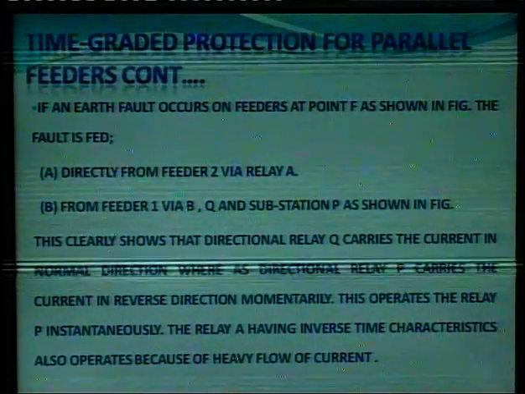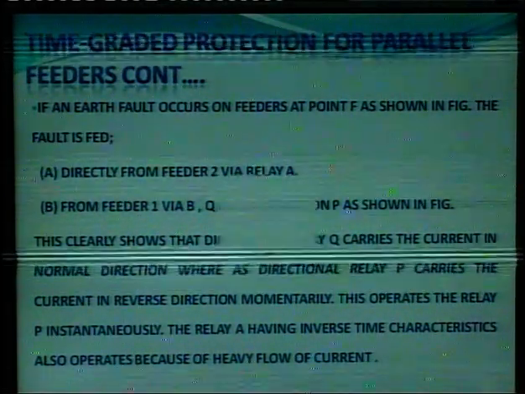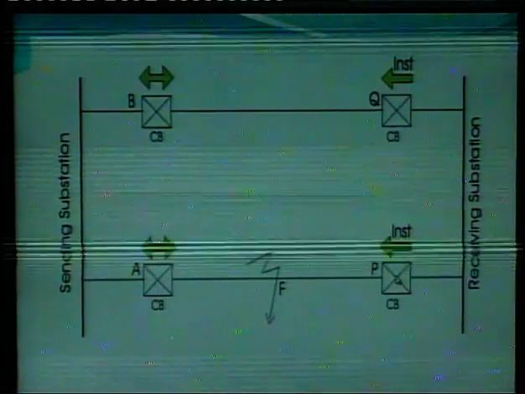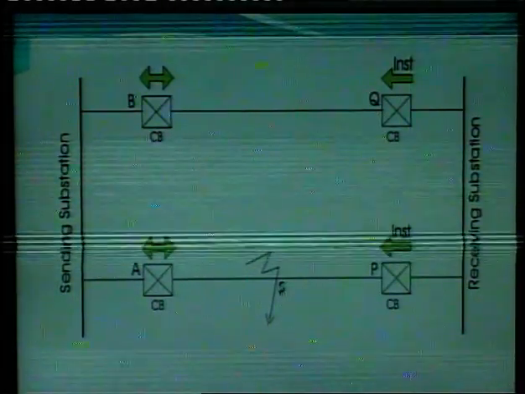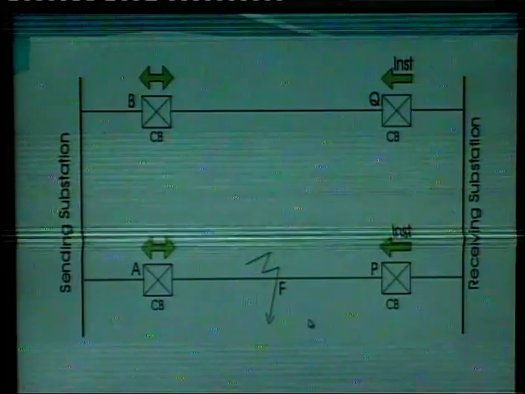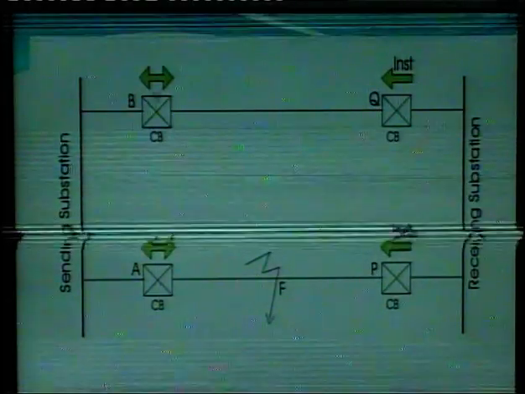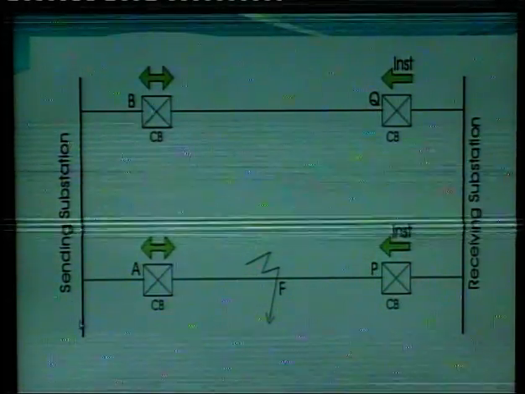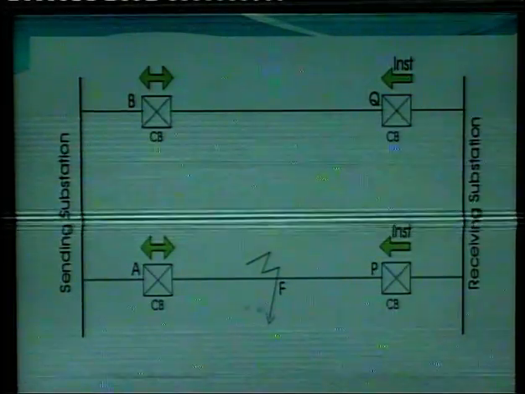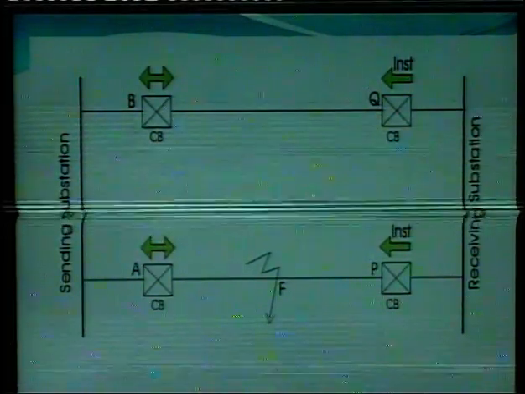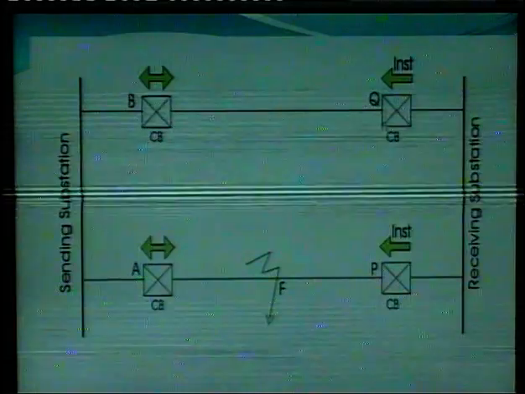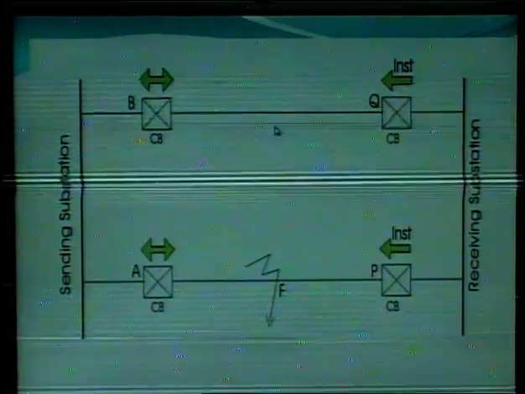So in this way, both the circuit breakers A and P will operate, and it will disconnect this faulty feeder from the substation. Therefore, the continuity of supply can be maintained through the feeder A, feeder 1.